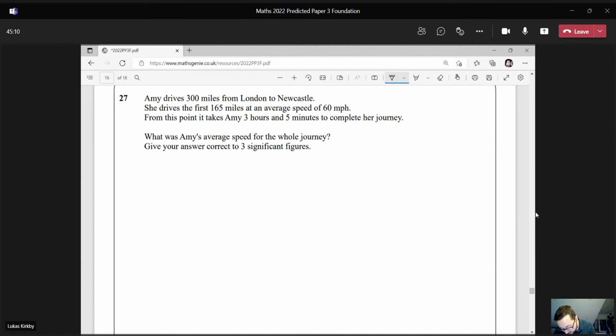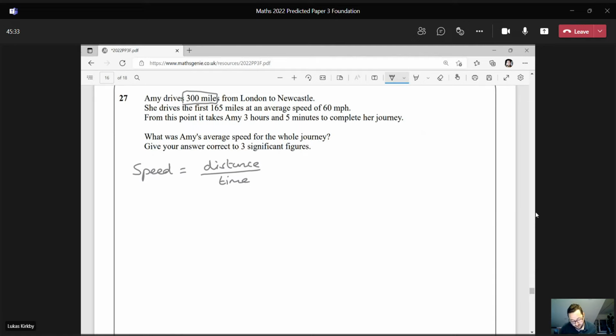So we've got that speed equals distance over time. Okay, so the two things that we need then for the whole journey are total distance and total time. Okay, now we know the total distance because it is 300 miles.